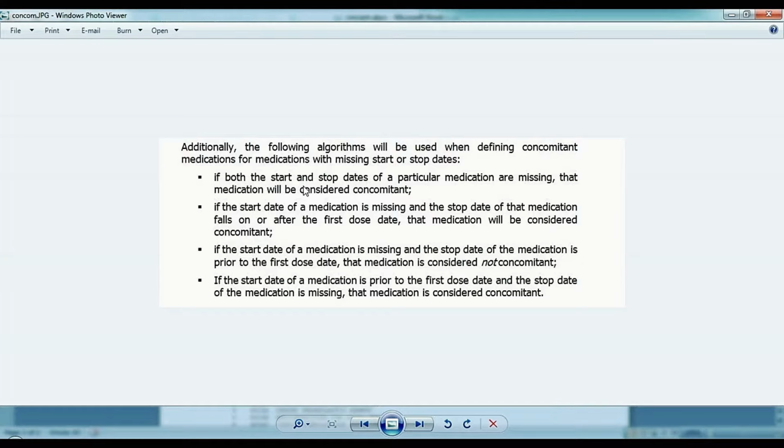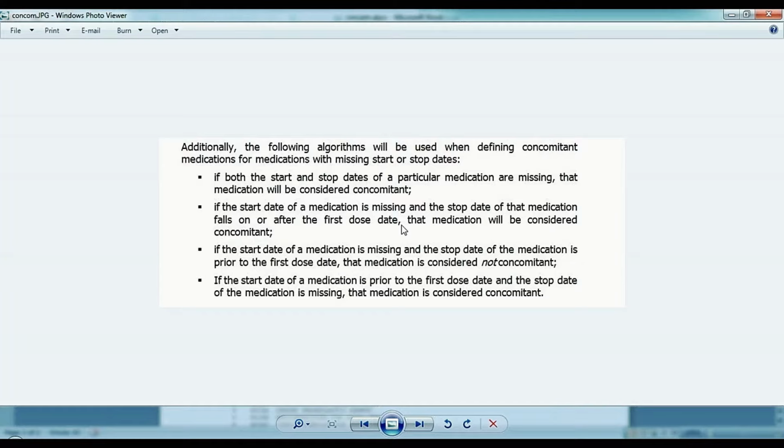If the start date of the medication is missing and the stop date falls on or after the first dose date, that medication is considered concomitant. That means CMSTDTC is missing and CMENDTC is present and greater than our treatment start date.